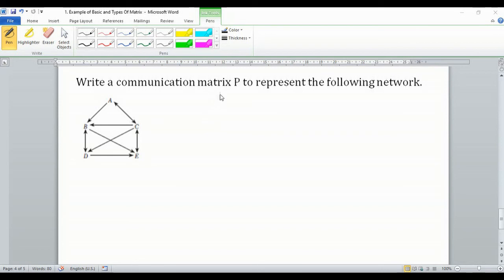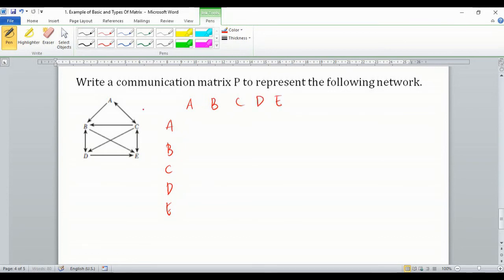Write the communication matrix P to represent the following network. So from here, we have A, B, C, D, E, so we have a 5 by 5 matrix. So we have A, B, C, D, E as rows and A, B, C, D, E as columns.